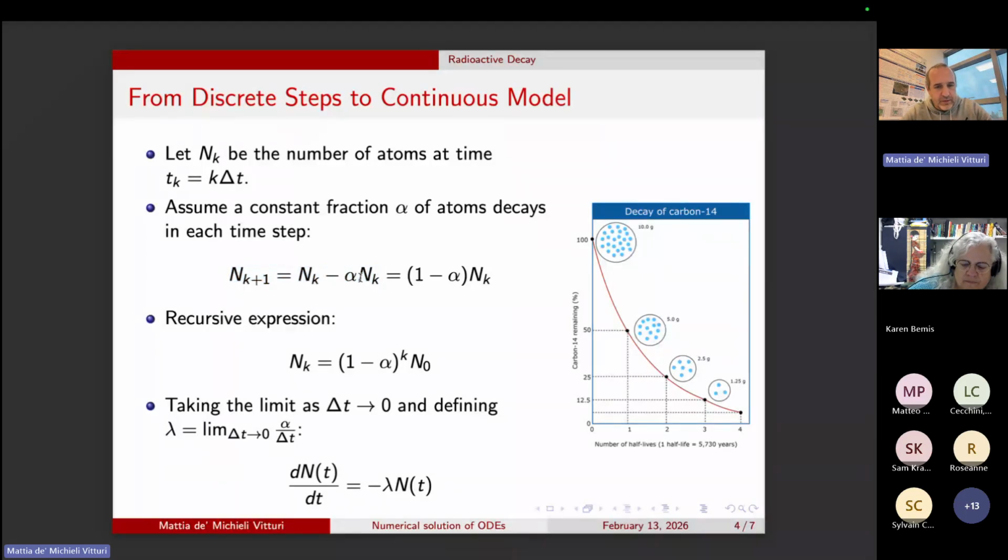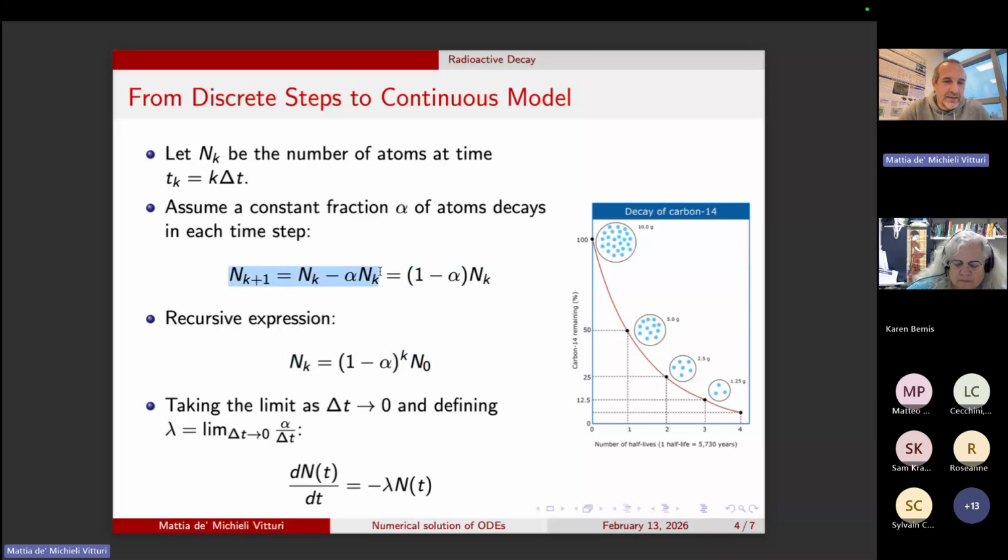Here you can see that we can collect N_k, and so we obtain this equation to update. This can be iterated because we obtain a recursive expression. And so if we go back, we can write the actual number as a function of the initial one. But let's go back to this expression.